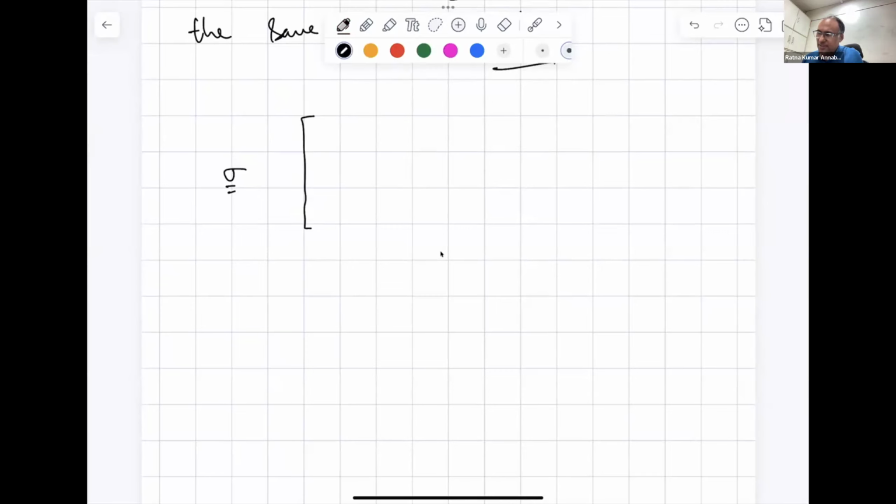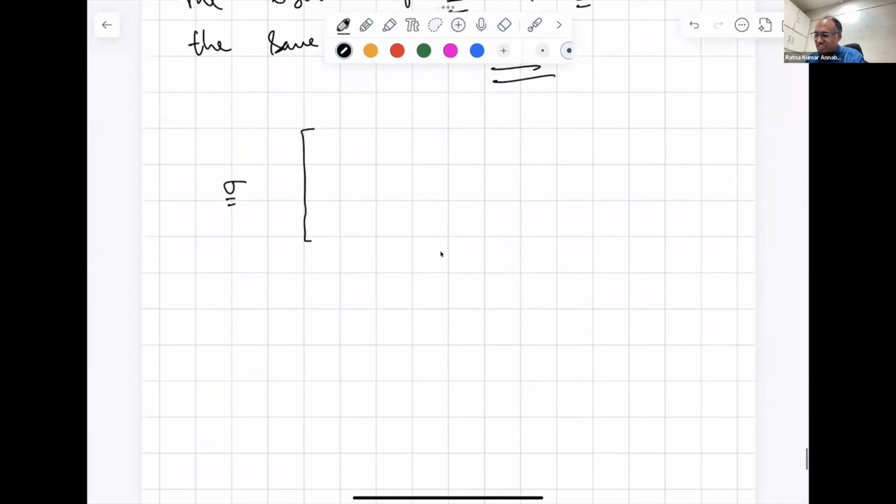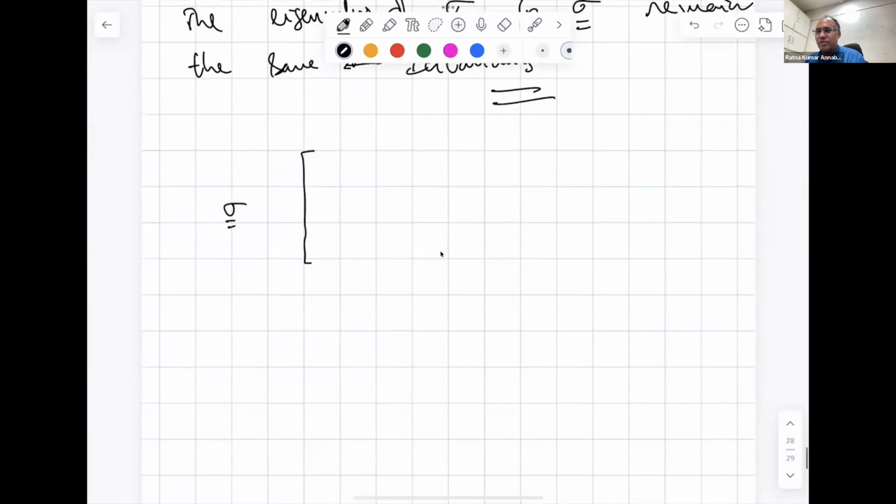One can show that. Since the stress tensor is symmetric, you will always have these eigenvalues as real numbers, because you cannot have an imaginary number as your principal stress, isn't it? Okay, sir. Thank you.